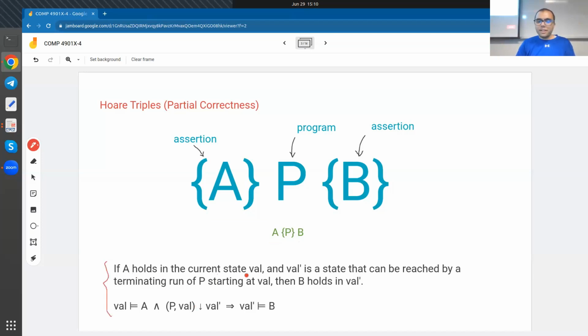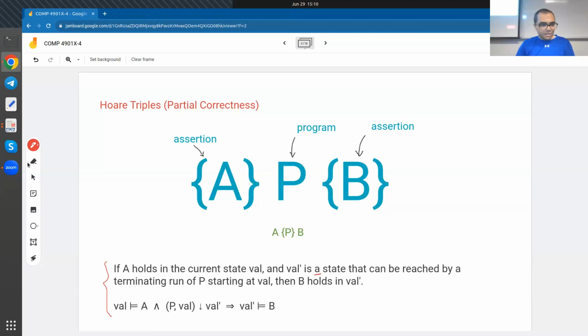It says that if A holds in the current state val, and val prime is one of the states that can be reached by a terminating run of P that starts at this current state, then B holds in val prime. Okay, and this has non-determinism baked into it.